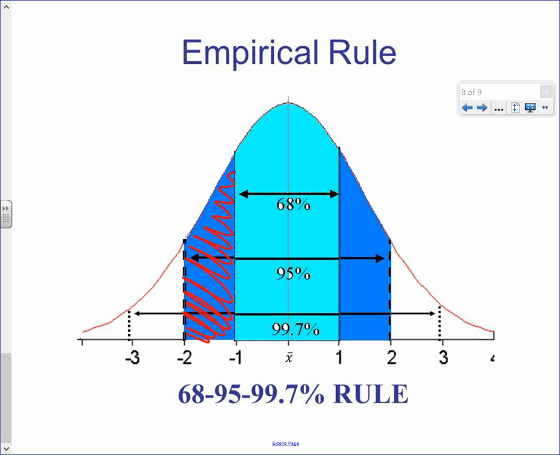We know 95% of the data is 2 standard deviations, 68% is 1 standard deviation. 3 is almost all, it's almost 99.7% of the data. Almost all of the data is within 3 standard deviations. So how can I figure out this sliver, the percentage? That's the question.